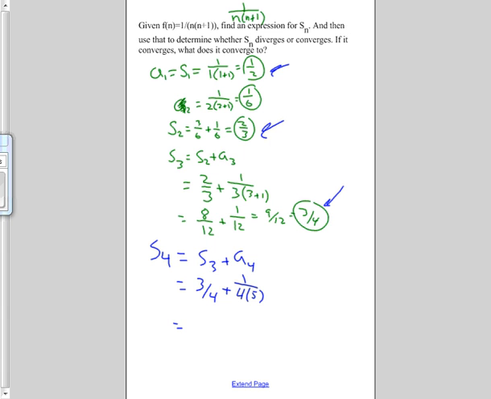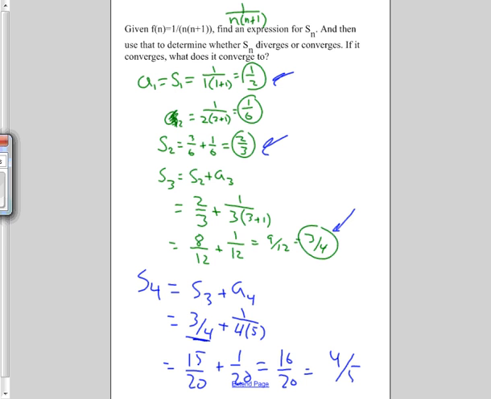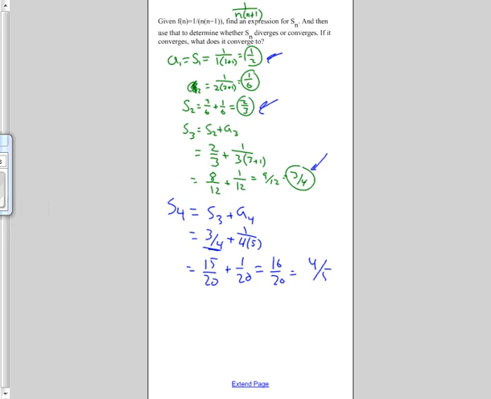Re-expressing 3/4 as 15/20, plus 1/20 is 16/20, which is 4/5. Now we need to think about what the pattern is. Take a second to see if you can write S sub n in an equation. If you can't, pause it and see if you can. If you can't, unpause it, and we'll do it.